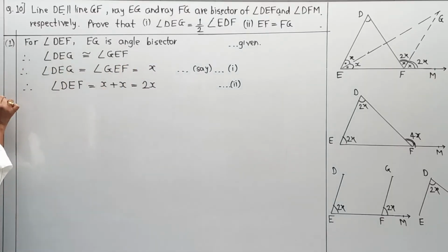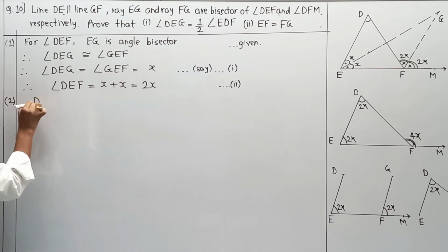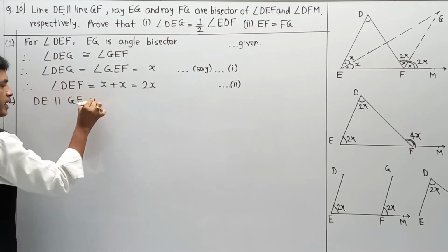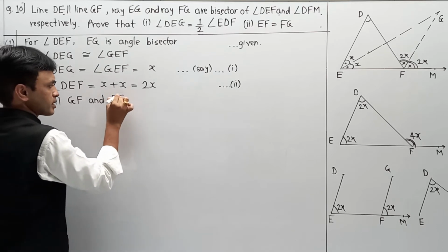So second, DE parallel to GF and EF acts as a transversal.